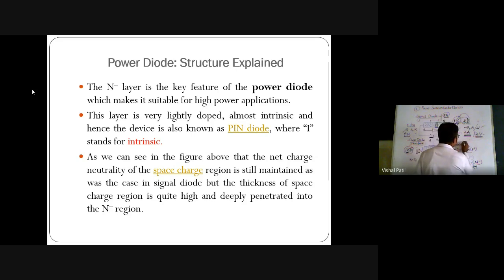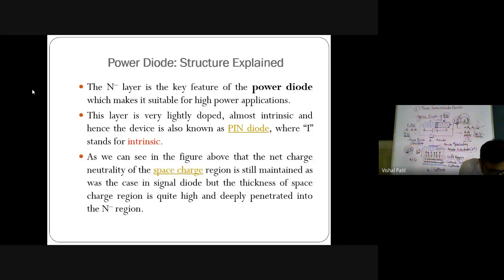P stands for the P of the PN junction, N stands for the N of the PN junction, and I stands for intrinsic. The lightly doped layer is almost intrinsic, and hence the device is known as PIN diode, where I stands for intrinsic.